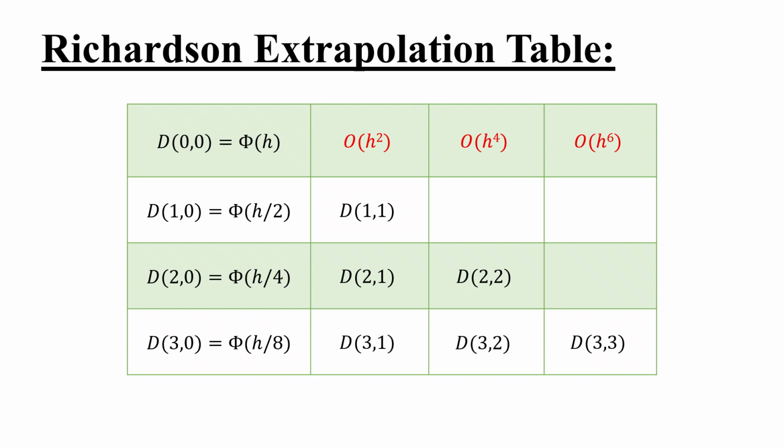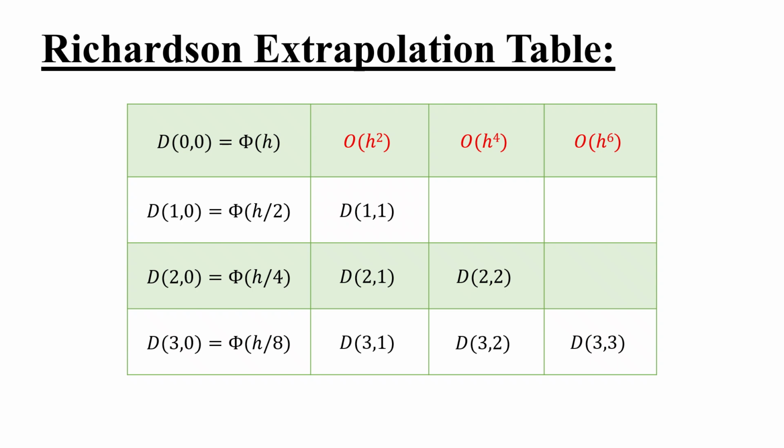If you look at it, as we move along the rows, the higher order power goes up to h to the fourth, h to the sixth and so on. So if we move forward in a row, we get much better accuracy. Similarly in the columns, as we move down, we are reducing h. So in columns and rows we are improving accuracy separately.